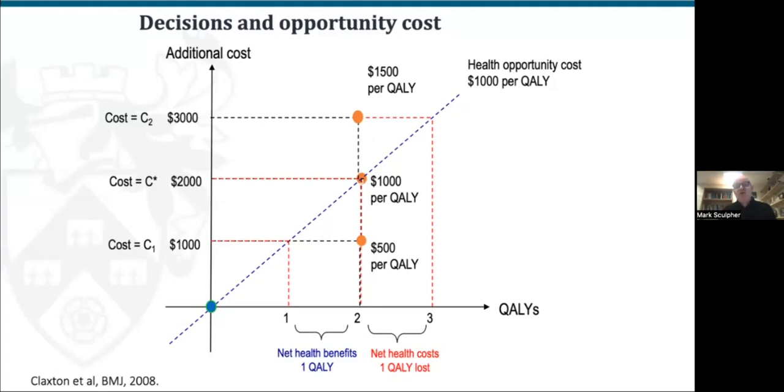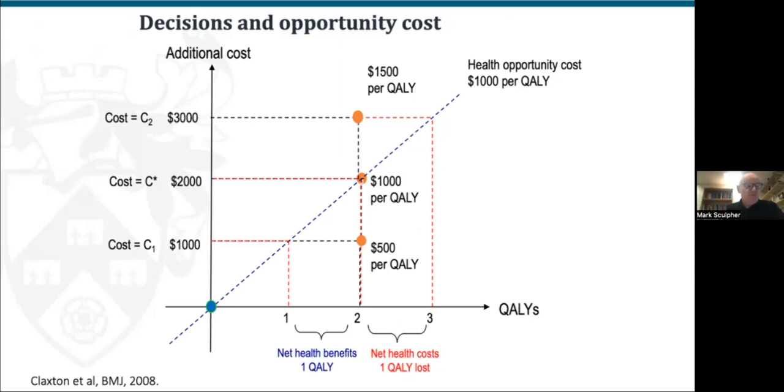So there is a major question about where does that information come from? Now, for many years, there's been a lack of research on this, and so what tends to have been used in health economics has been ad hoc rules or ad hoc suggestions of what has often been called the cost effectiveness threshold should be.